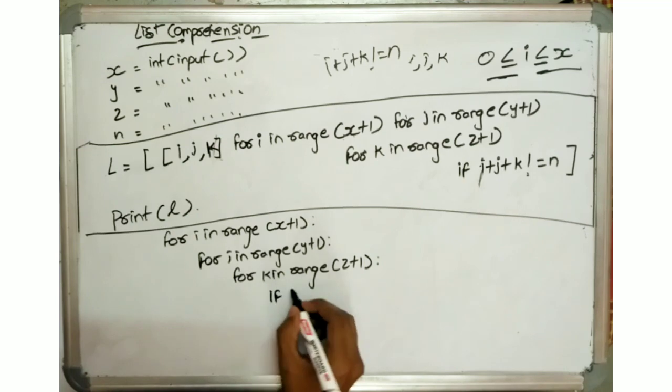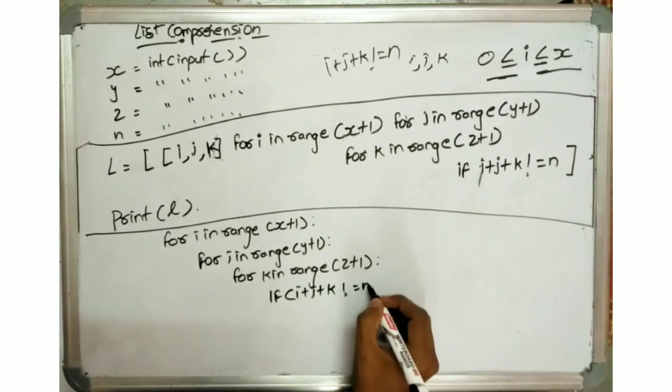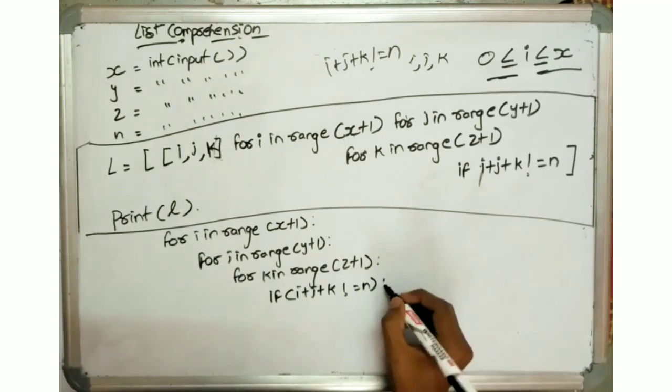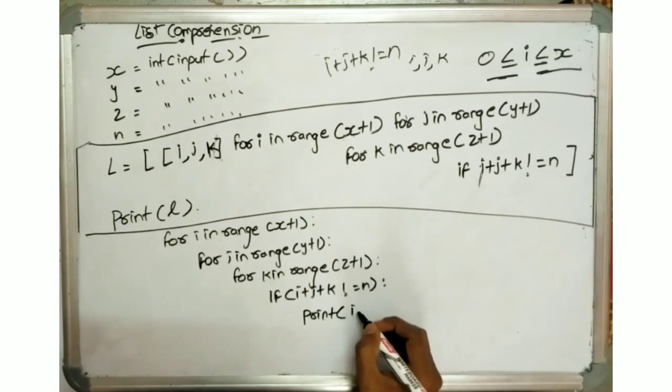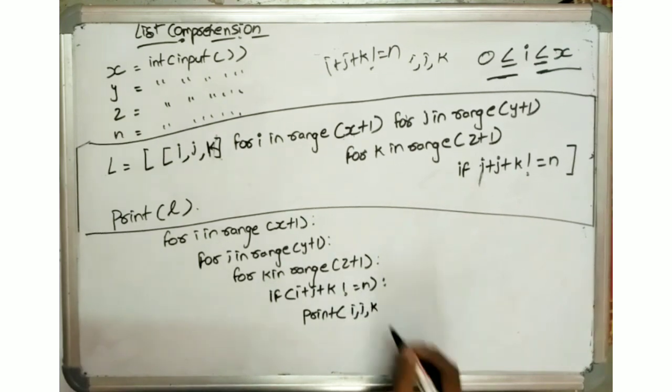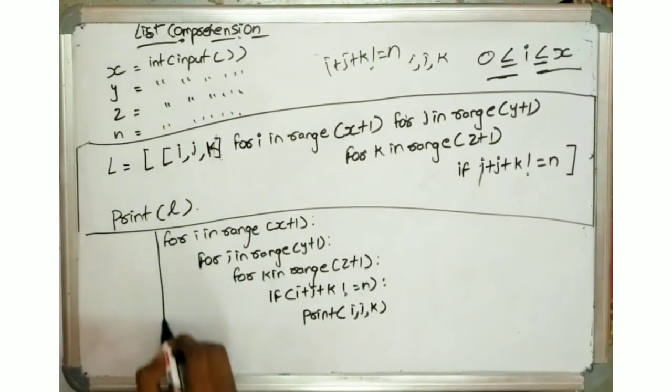In this, if i plus j plus k is not equal to n, print i comma j comma k. This is the way we write if we are not using a list comprehension.